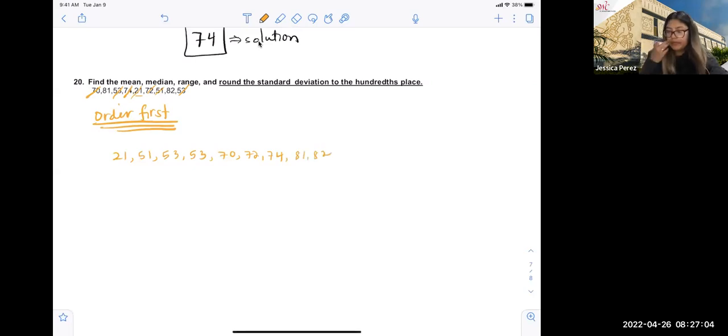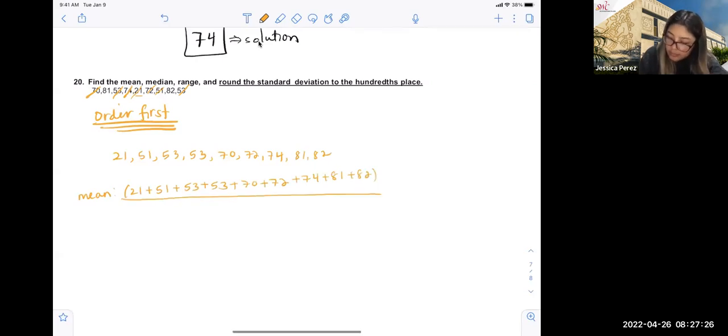Yep. So then you want to find the mean. So I'm going to go ahead and add them together. So you're going to do 21 plus 51 plus 53 plus 53 plus 70 plus 72 plus 74 plus 81 plus 82. All divided by 1, 2, 3, 4, 5, 6, 7, 8, 9.